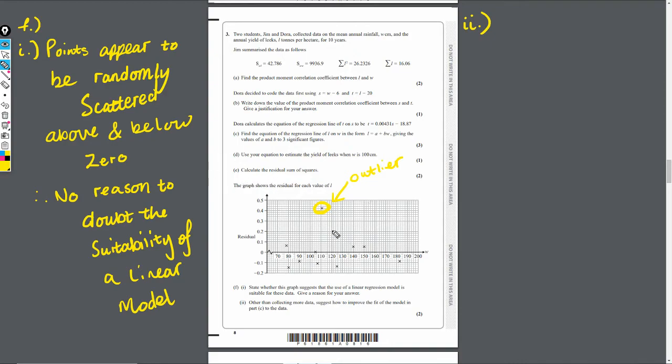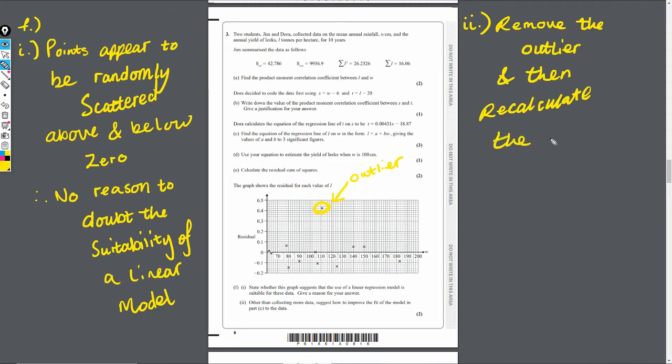Now, what we could say is that if we remove the outlier, so remove that outlier, and then recalculate the regression line, this could improve, this may improve the model.